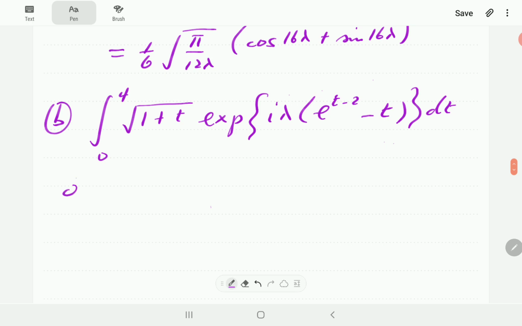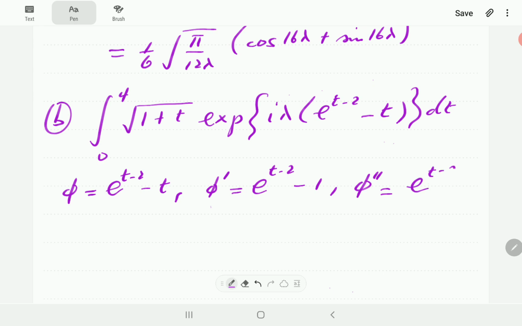So in this case, phi of t is e to the power t minus 2 minus t. Phi prime is going to be e to the t minus 2 minus 1. Phi double prime is going to be e to the power t minus 2.